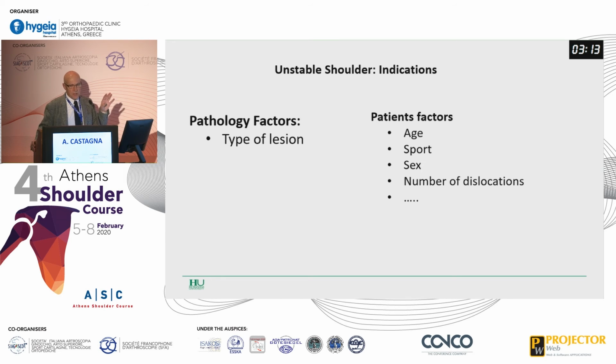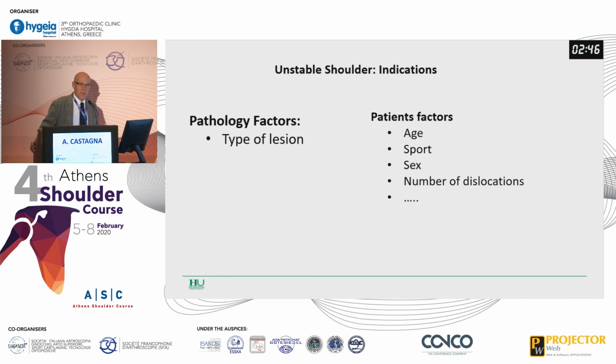So it can be surgery or conservative. So the type of lesion is important, but then never forget about the patient factors. Because age is important, very important, not very much mentioned, but this is something that we should keep under consideration. It is one of the major causes affecting our approach to the surgery, the kind of sport and the level of activity, even the sex, as already mentioned before.